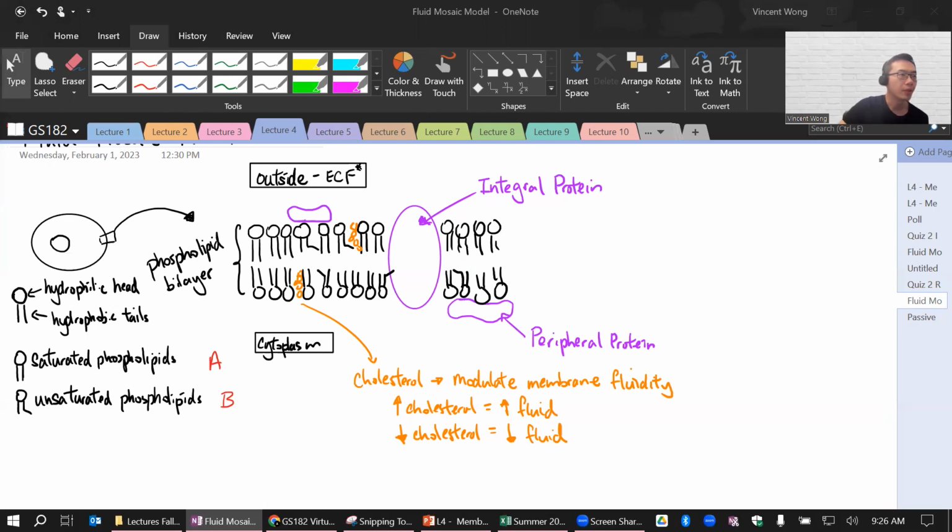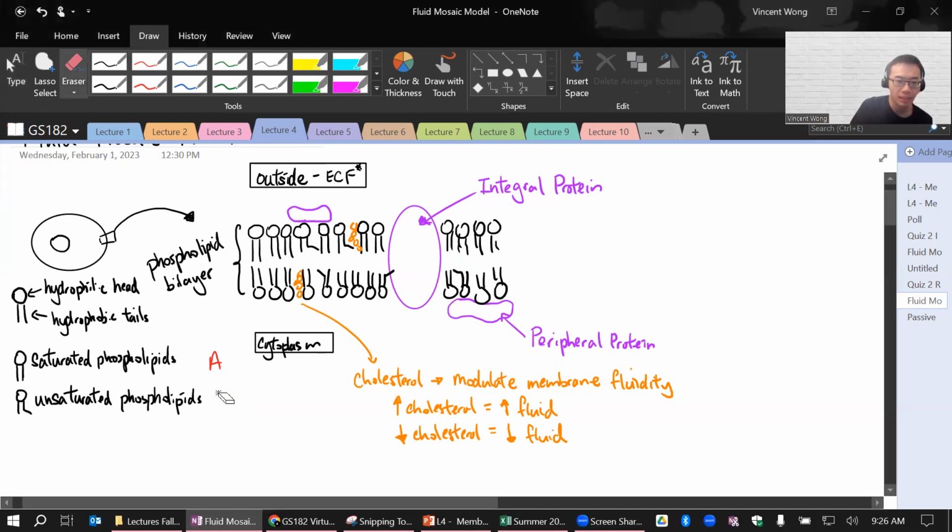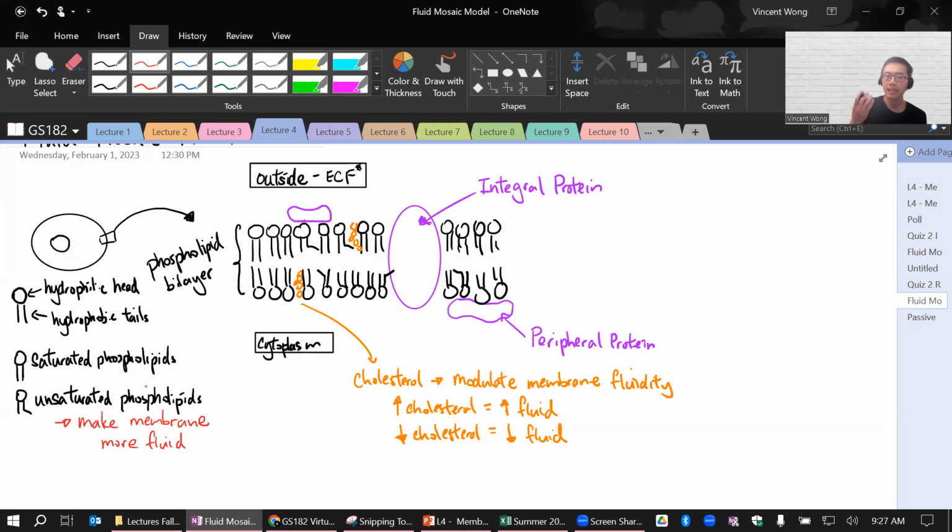Okay, thank you. We have roughly half. To be more fluid, you actually need to have more unsaturated phospholipid. I'll write it down here. The unsaturated phospholipid makes membrane more fluid. Why? Think about the saturated fat and unsaturated fat that you learned in lecture 2, right? Unsaturated fat is liquid at room temperature, right?